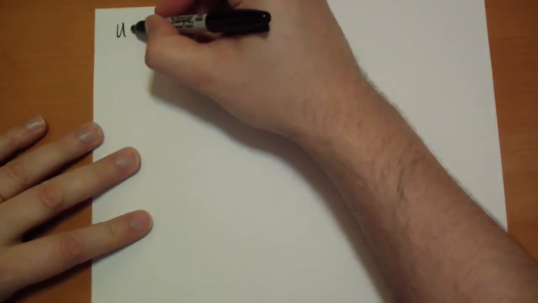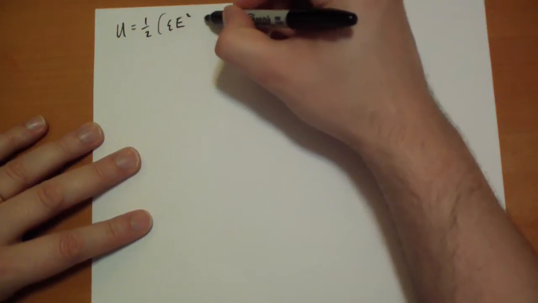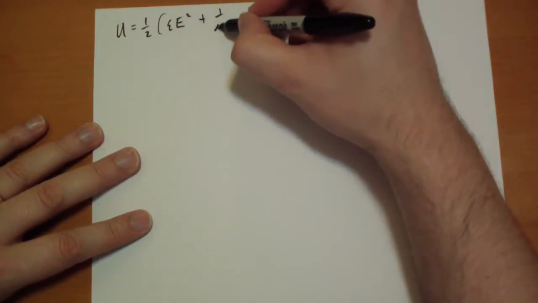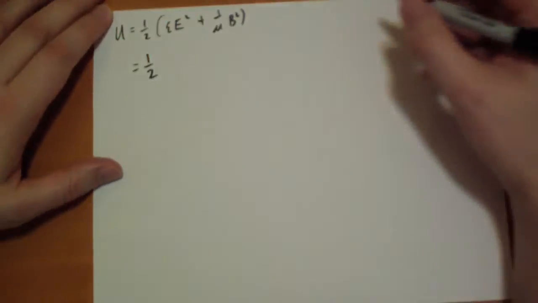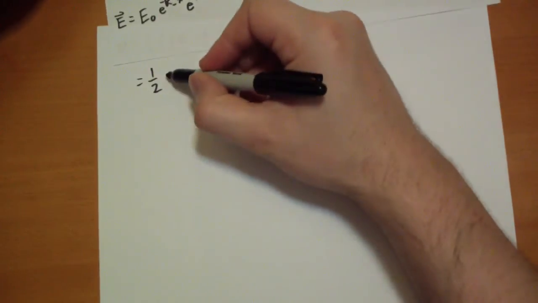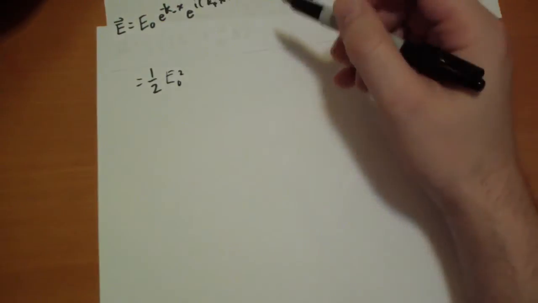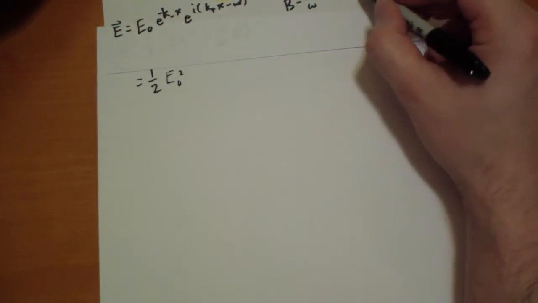The next thing to think about is the energy in the field. So U is going to be equal to 1/2 of ε times E² plus 1 over μ times B². And if we write this out, we're going to have 1/2. Both of these fields share some stuff in common, so let's bring out the common stuff. We're going to have E₀² and then all of this stuff.